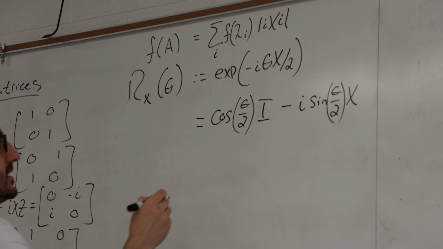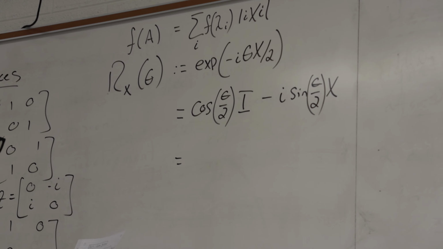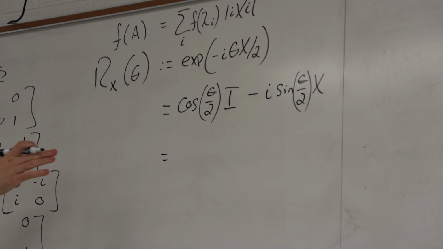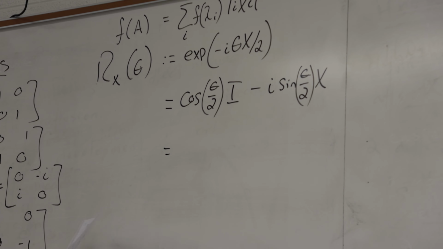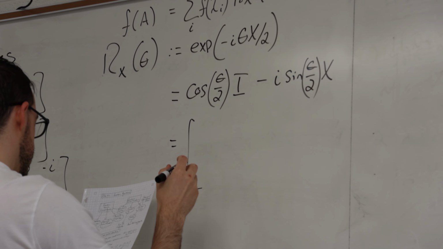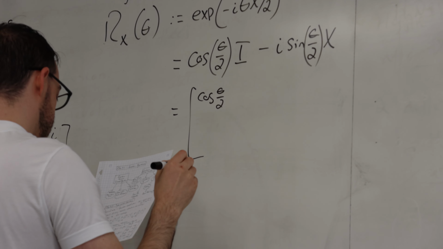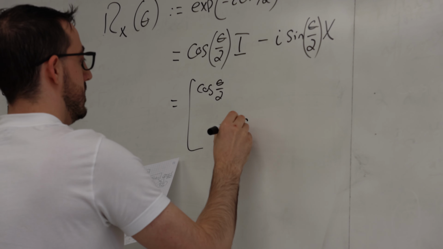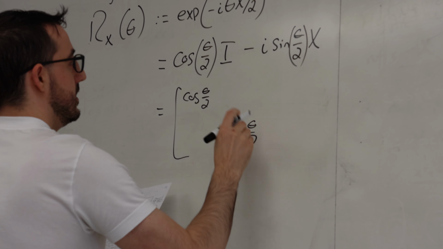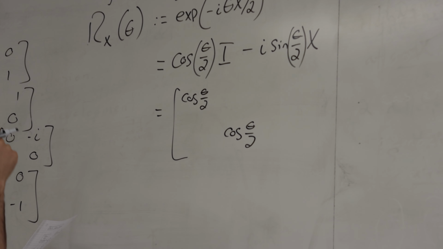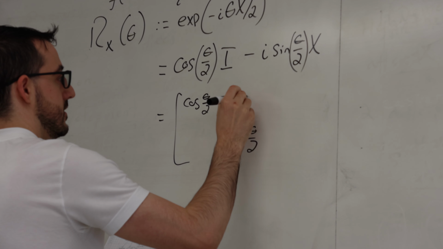So as a matrix, you could write out what this is from this expression now using the identity and Pauli X. And what it comes out to be is the following 2x2 matrix, cosine theta over 2 on the diagonal, and then minus I sine theta over 2 on the off diagonals.